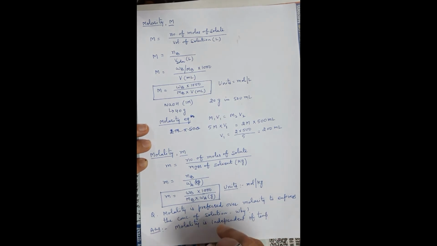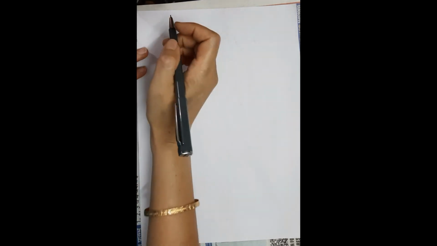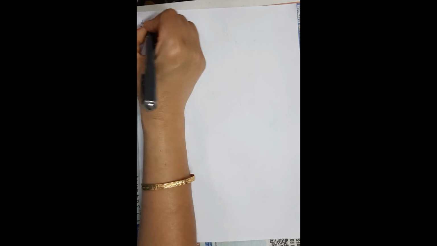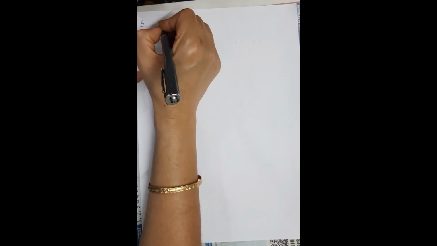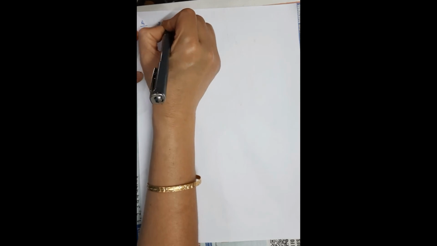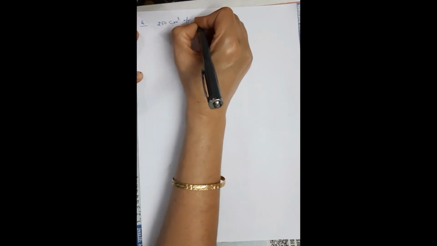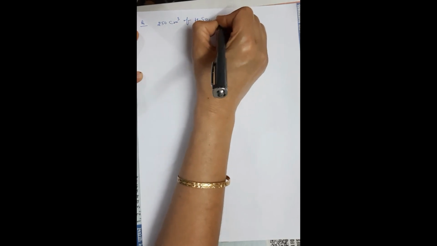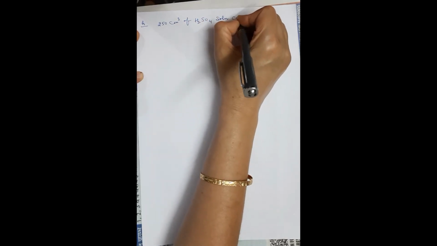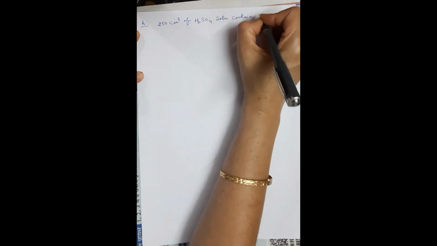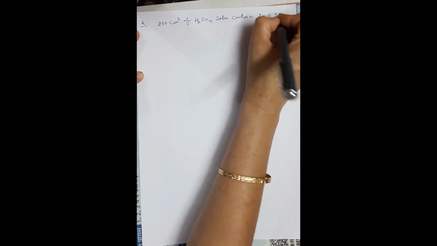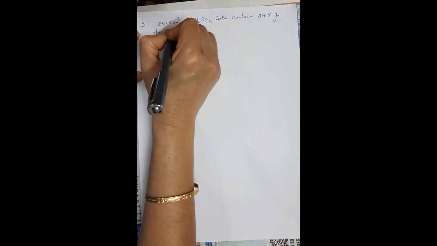So this is preferred. Who is preferred? Molality is preferred over molarity. Beta, let's do a numerical based on molarity and molality. There is a question that 250 centimeter cube of sulfuric acid solution contain 24.5 gram of sulfuric acid.